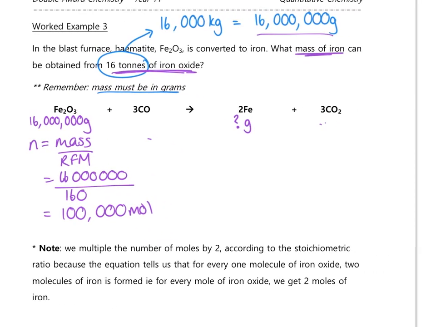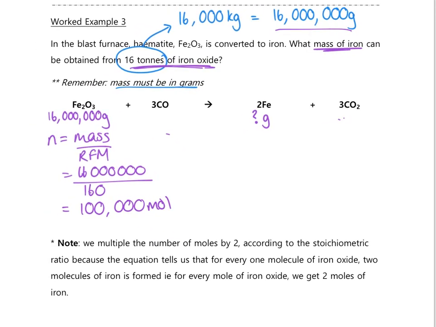Now that I've worked out my number of moles, I can bring that to any other part of the equation, but I need to consider my balancing number ratio at this point. So I want to bring it over to the number of moles of iron, but I need to think about my ratio. There's no number in front of my iron oxide, so I can take that as equal to a balancing number of 1. But there is a 2 in front of my iron, so my ratio is 1 to 2.